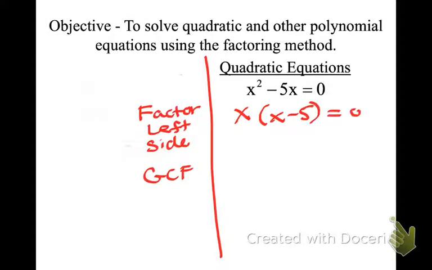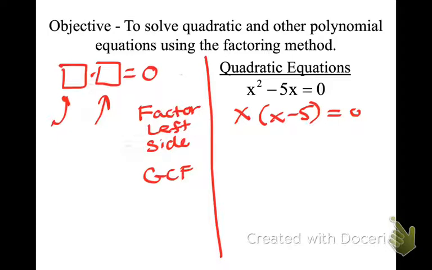Now, you're not doing anything right now, just listen to me. For a long time, you've been using what's called the zero product property. That property says that if a quantity times a quantity equals 0, then one of those quantities has to equal 0, right? You've been doing that since 3rd grade when you learned your multiplication tables.